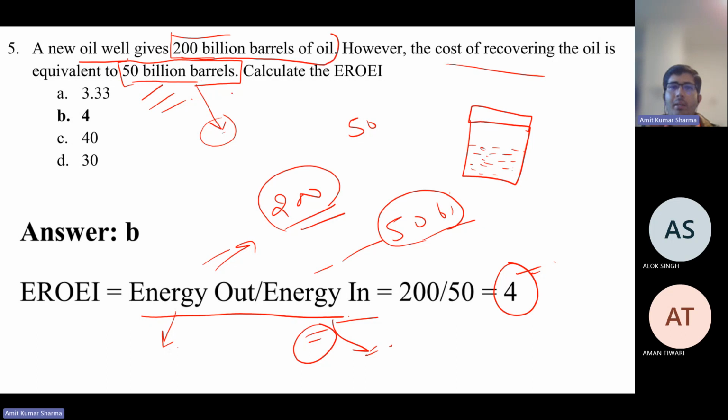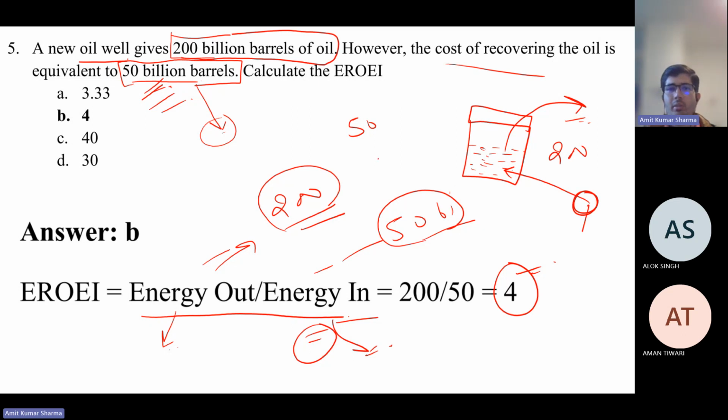In simple language, suppose you need to pump out the oil from a well. You can pump out 200 billion barrels of oil, but as input, if you have a pump here, that pump will consume 50 billion barrels. That's a basic simple definition.